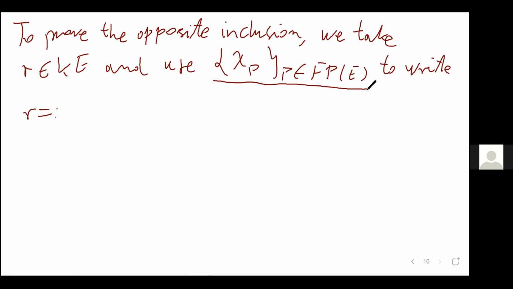Okay, so first I'm taking paths that are in J, but I'm choosing some finite subset of J. And I have alpha P, chi P. Now I'm taking vertices.